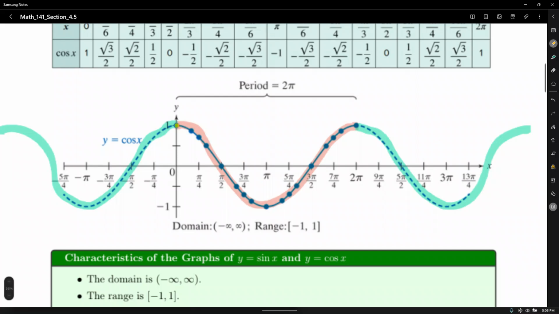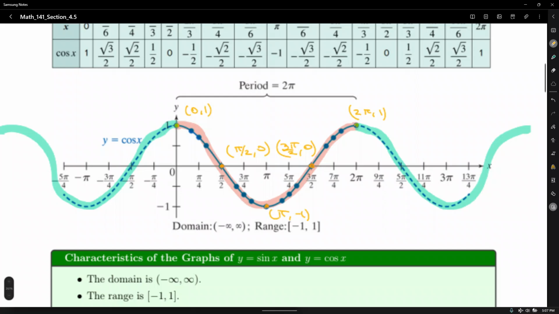The first point is 0, 1; the x-intercept is pi over 2, comma 0; the minimum point is pi, -1; then 3 pi over 2, comma 0 again; and the last point, where the graph of the cosine completes one cycle, is 2 pi, comma 1.